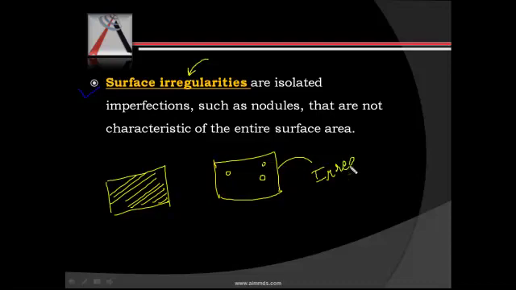That is the basic difference between roughness and irregularity. Irregularity is an isolated imperfection such as nodules, and they are not characteristic of the entire surface area. Let's move on and see some of these irregularities which are very commonly seen on the surface of the casting.